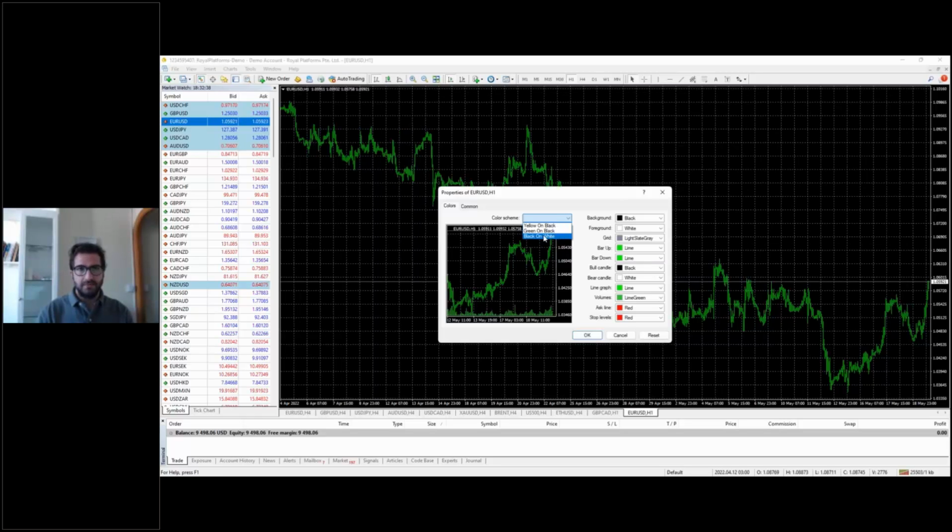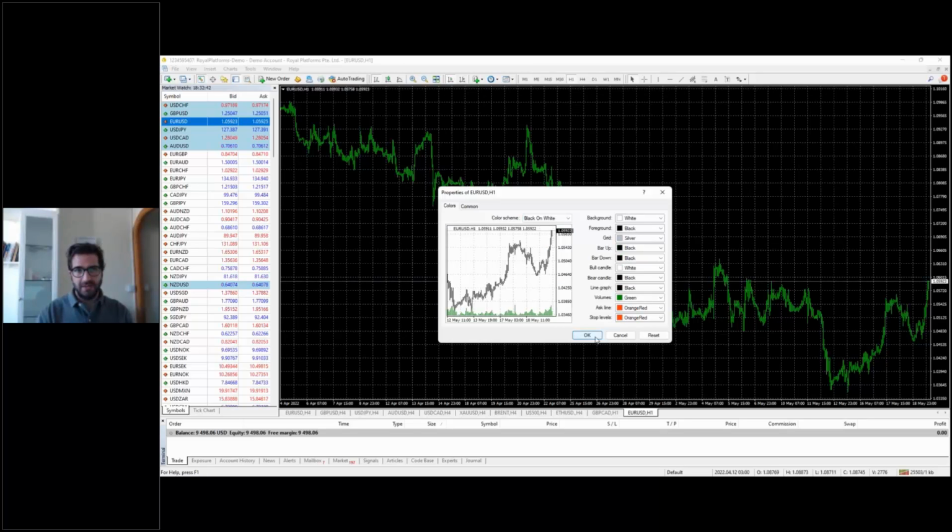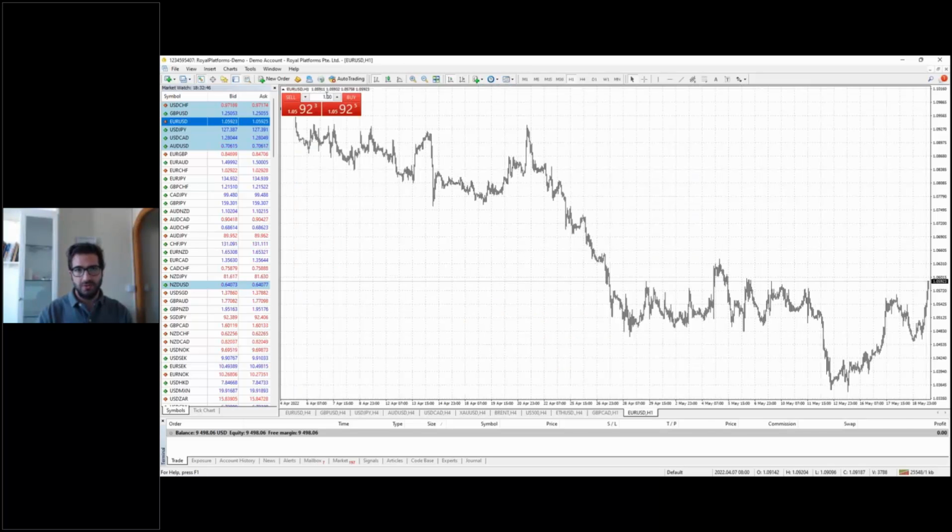I will not use the chart. I will buy 100,000 euros, or one volume, and we will see the margin and the leverage effect at the bottom here.